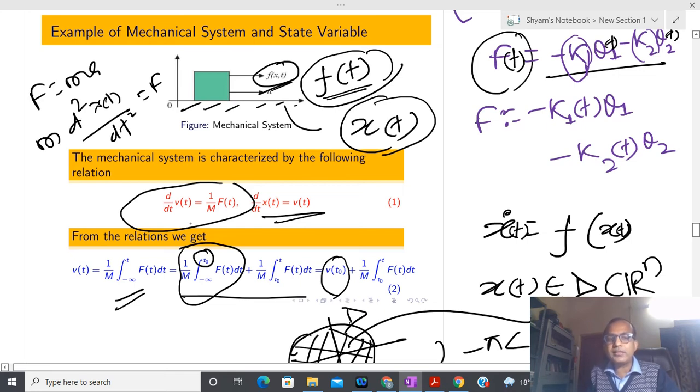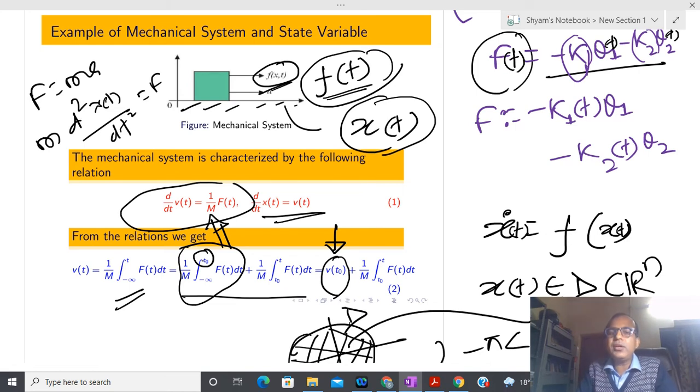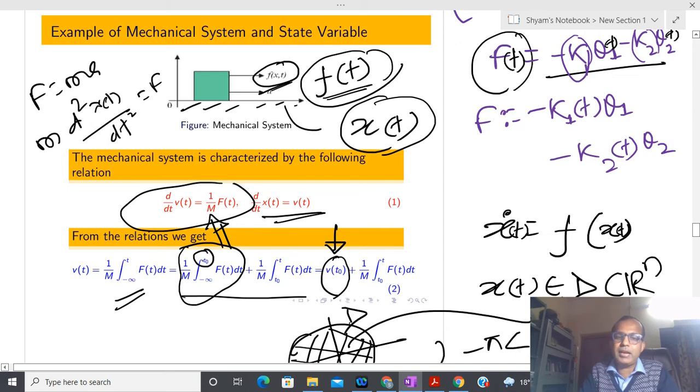Integration is just the inverse process of differentiation, so I can write this quantity. If I know V(t0), the initial condition, from here you can see that this information is from minus infinity to t0. So whenever we talk about the initial condition or a state, it is some kind of variable which carries information from minus infinity to that particular time t0.